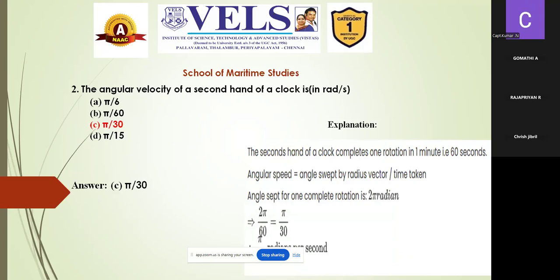So the angular speed is equal to the angle swept by the radius vector divided by the time taken. The angle swept for one complete rotation is 2 pi radians. So we can write angular velocity equal to 2 pi divided by 60. So the answer is option C, pi by 30.